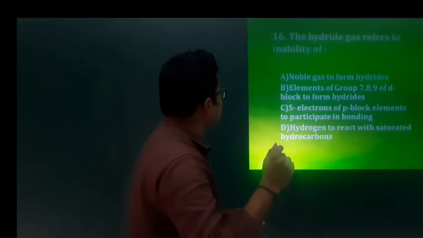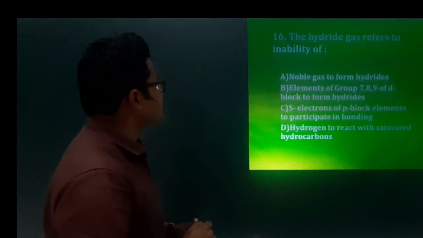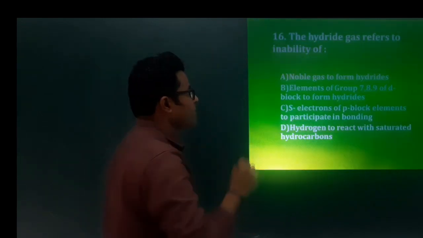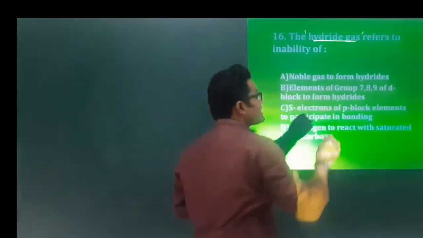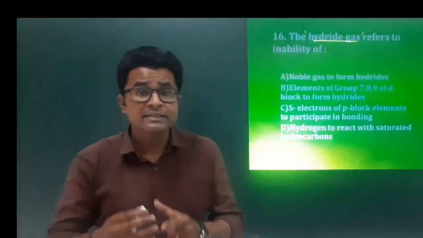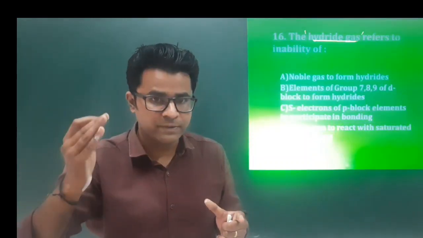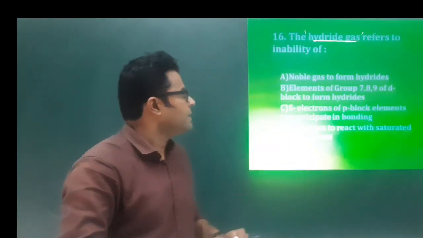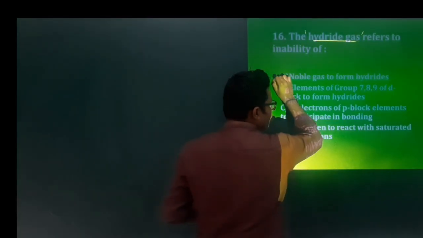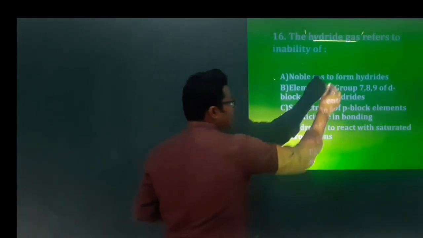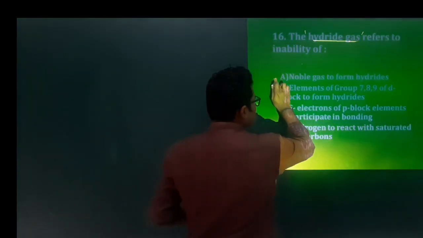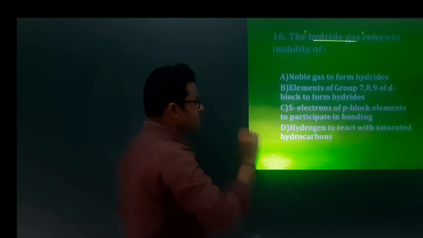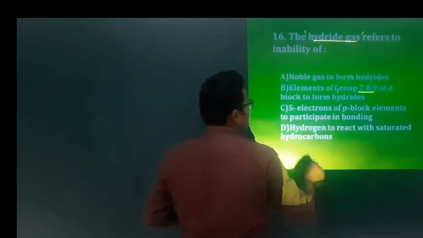Question number 16 says that the hydride gap refers to inability of. Hydride gap means these are the elements which are not going to give us hydrides on reaction with hydrogen. These elements will not react. It is not the inability of noble gases to form hydrides; it's actually in the transition series, the groups 7, 8, 9 of the d block.